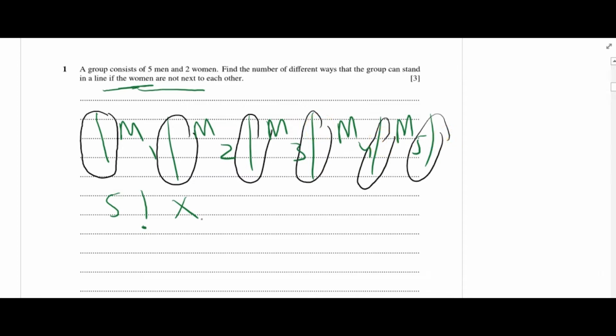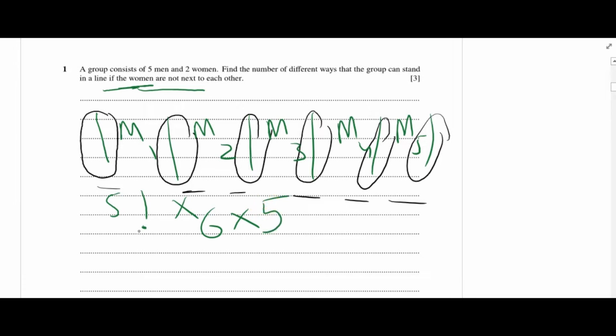The first woman can stand in any of the 6 positions. So your answer would be 5 factorial multiplied by 6 multiplied by. When the first position is filled, you are left with 5 vacant positions, so the second woman has 5 positions to choose from.